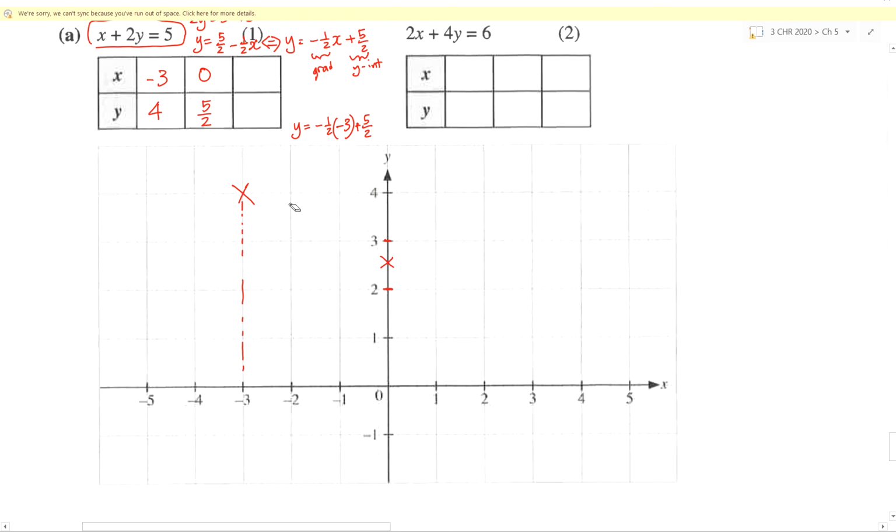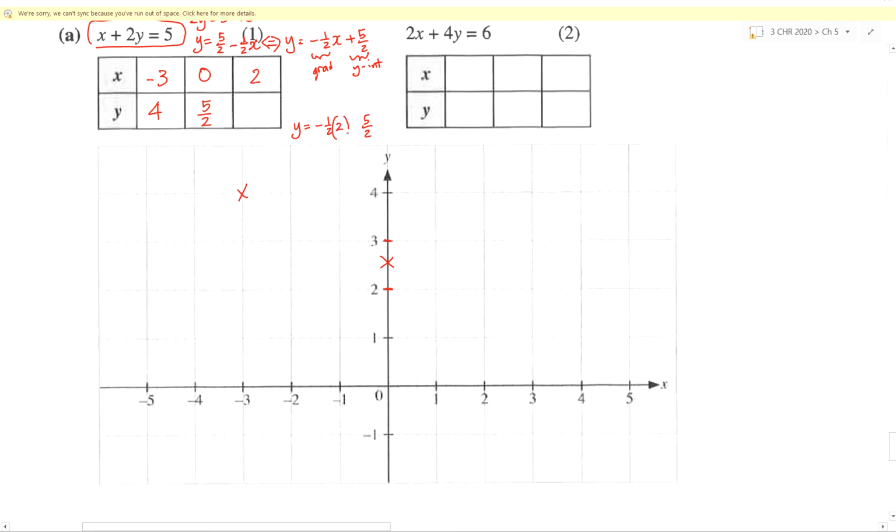Next, suppose I choose 2 as my x coordinate for the last set.